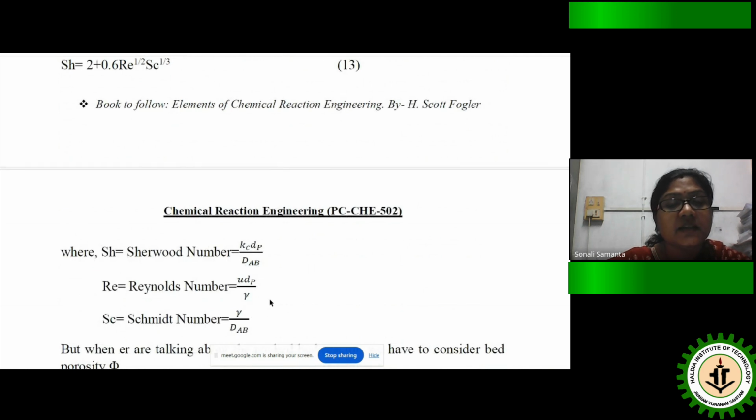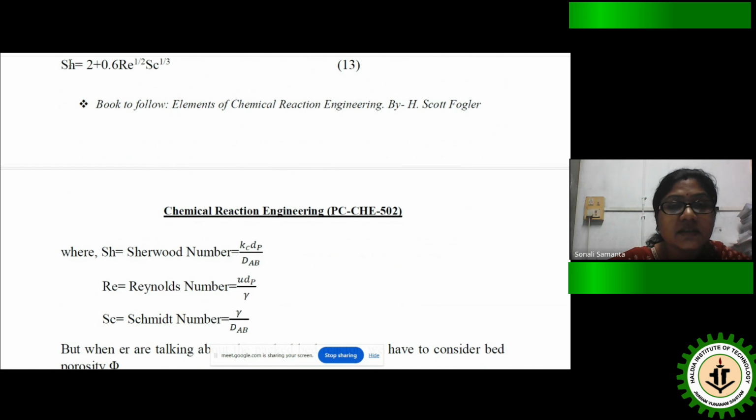From there you can see all are intrinsic properties of the fluid. DAB is the diffusivity of the fluid, nu is the viscosity of the fluid, dp is the particle diameter, and u is the fluid velocity. So all are intrinsic properties except Kc.